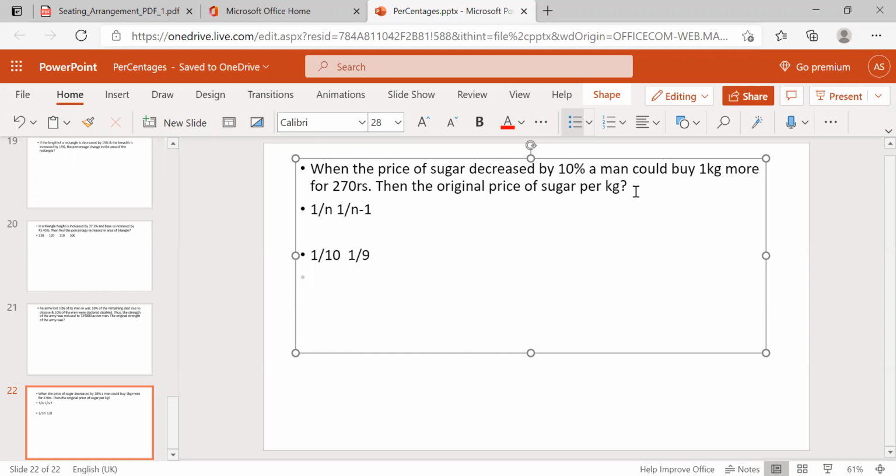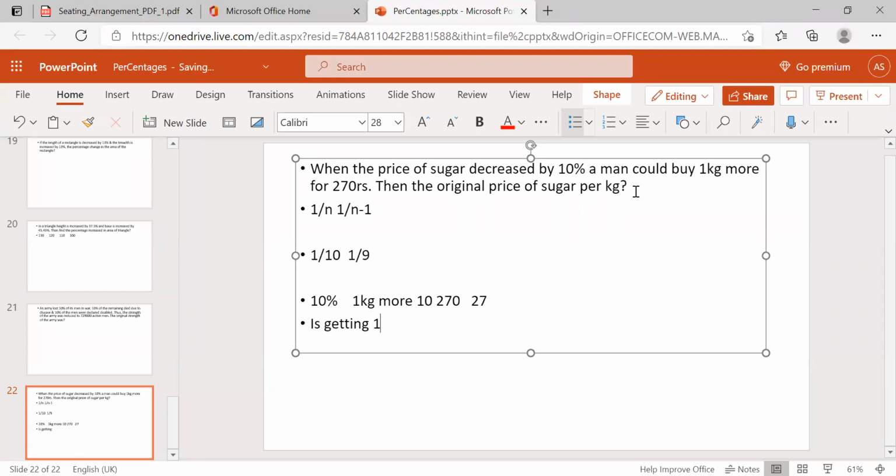First of all, they said 10% is decreased, and he gets 1 kg more, right? That means what is the 10% of 270? The 10% of 270 is nothing but 27.